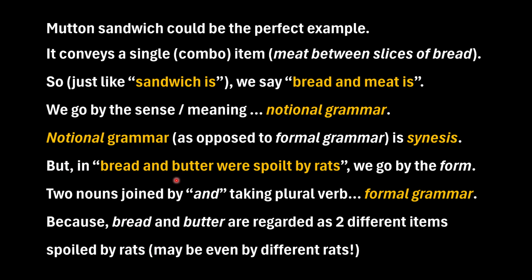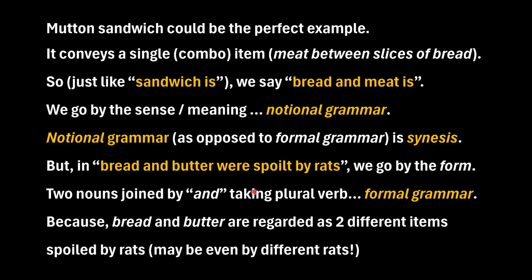Or it could be that only butter was spoiled, and somehow the rat did not look at the bread. Bread on the table and butter on the kitchen counter. One rat spoiled bread, a different rat spoiled butter.